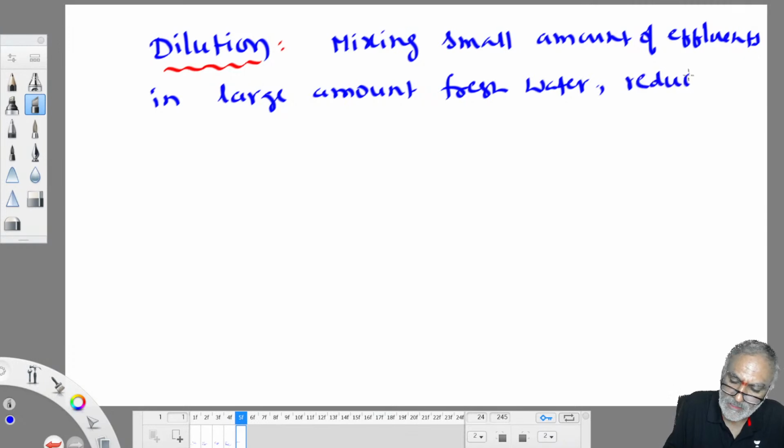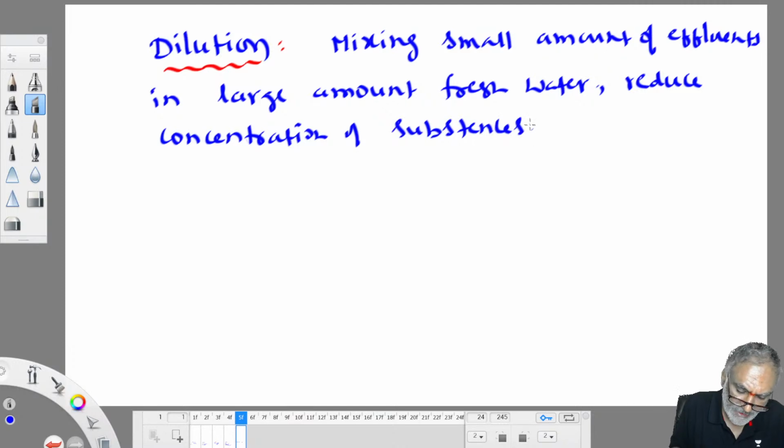It reduces the concentration of substances in effluents. So dilution reduces the concentration of substances in wastewater.